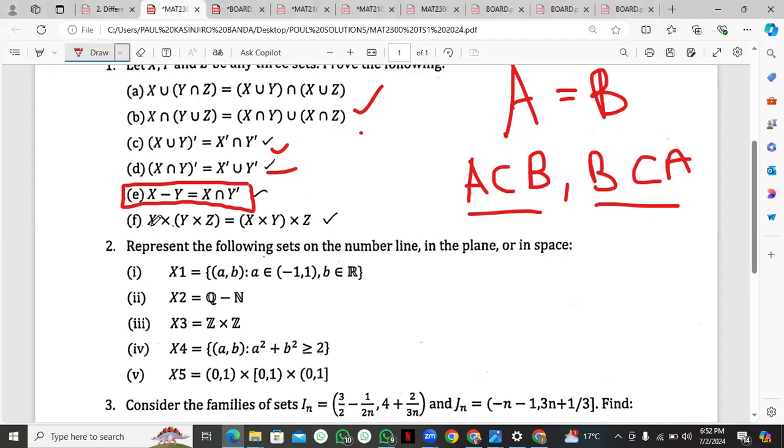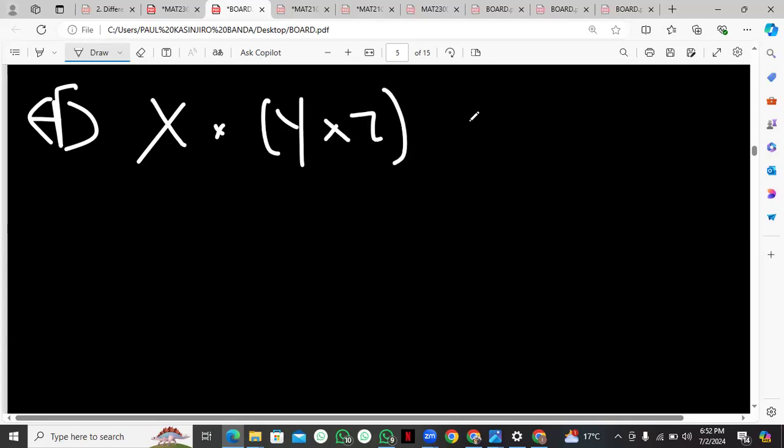Okay, F. What do we have there? We have X Cartesian product Y, and we're just exchanging the brackets. So we have X Cartesian product, then Y Cartesian product Z, is equal to, and here we begin with X and Y, and then the Z is outside.